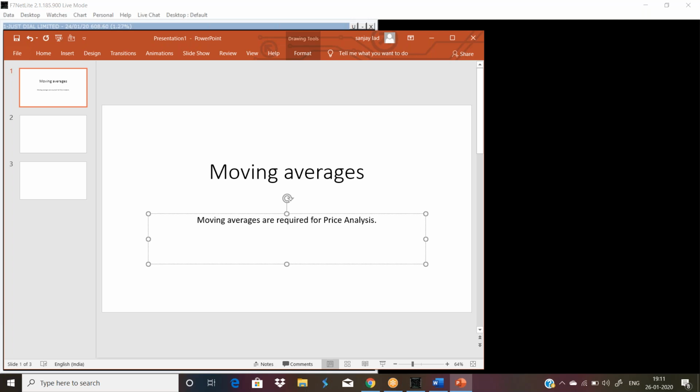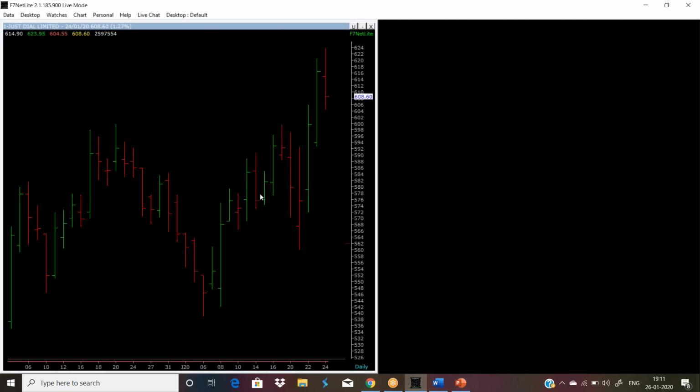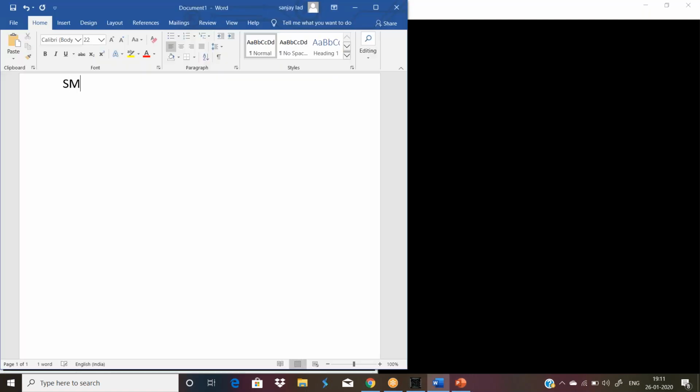So it will go into price analysis. There are different types of moving averages. First is a simple moving average, SMA.